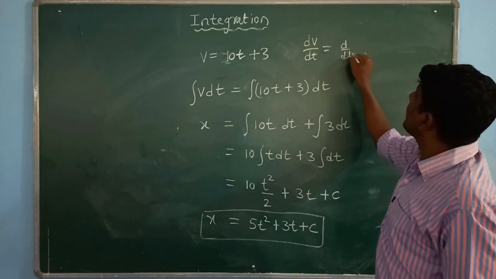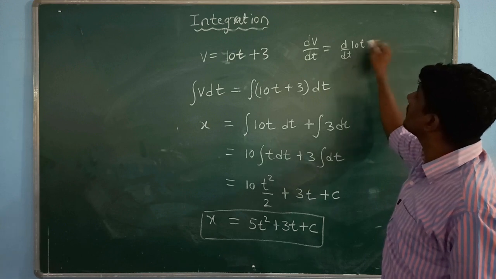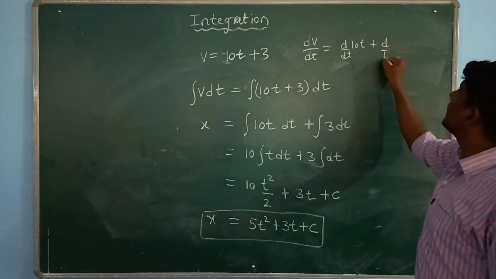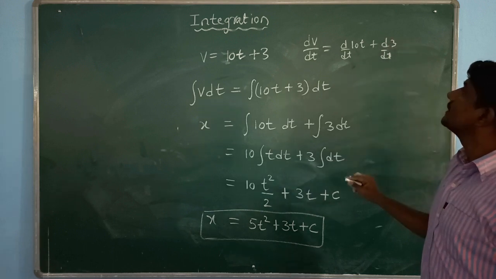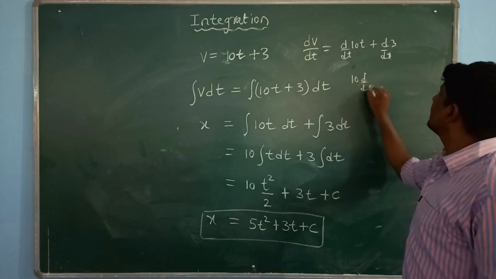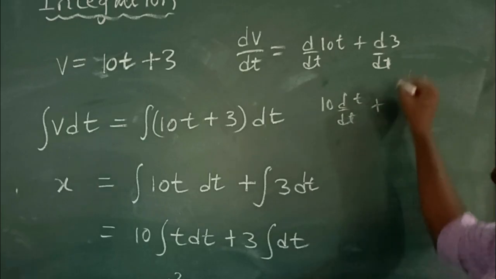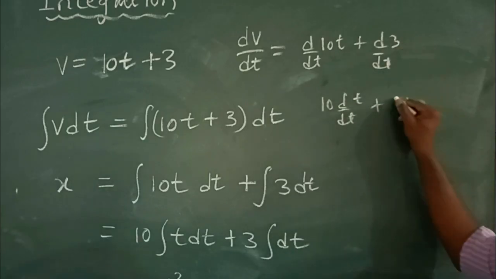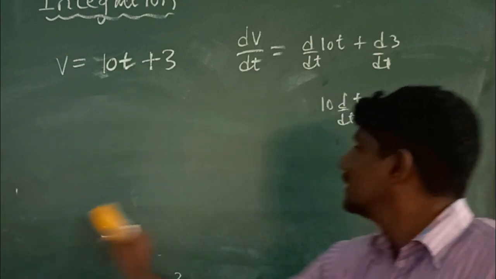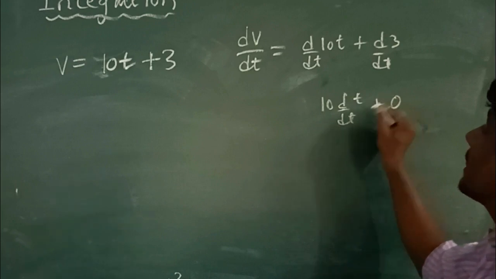Differentiation d by dt of 10t. Don't get confused, we are doing it one at a time. d by dt of 3. So this is 10 outside, d by dt of t, and differentiation of a constant is what? 0. So here we are trying to obtain one equation.